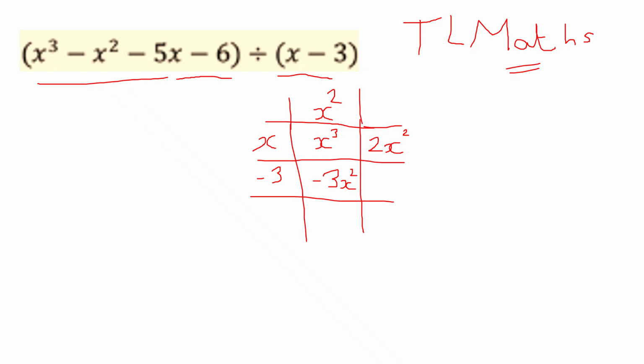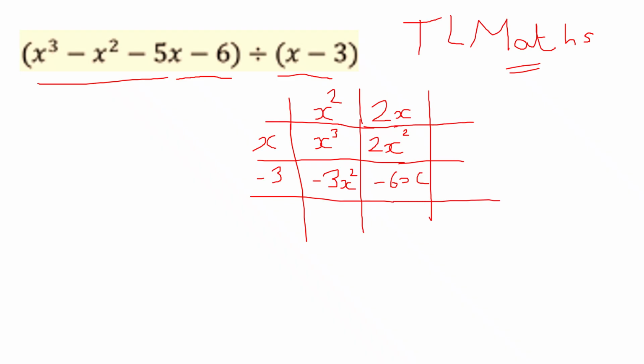x into 2x squared goes 2x times. 2x times x makes 2x squared. 2x times minus 3 makes minus 6x. Again, extend our table.